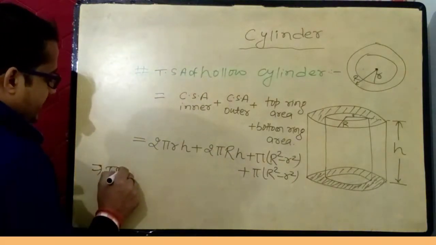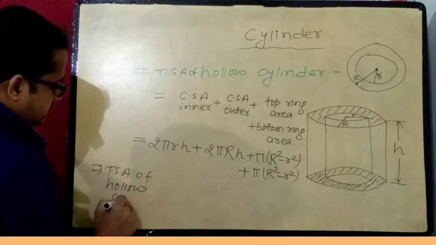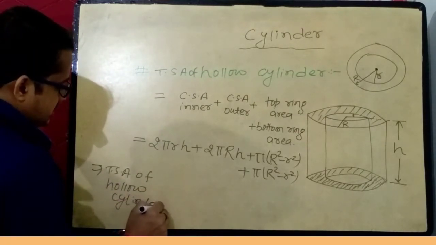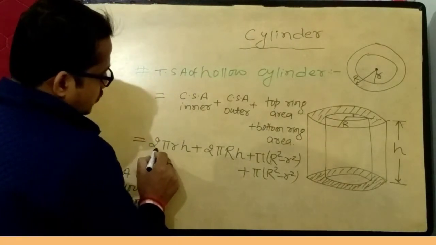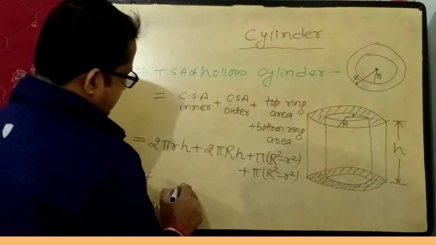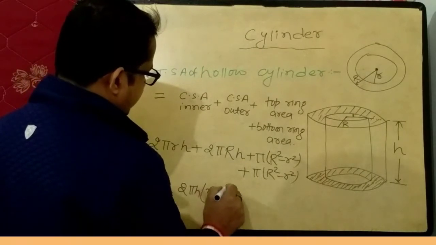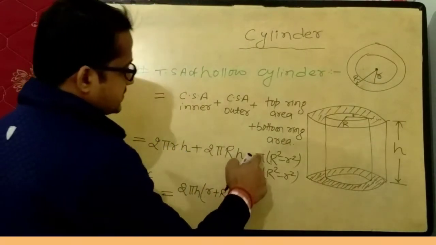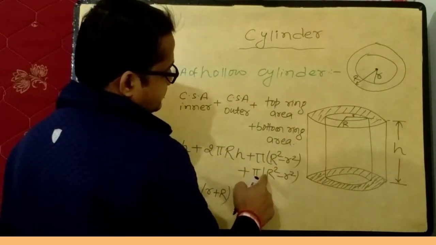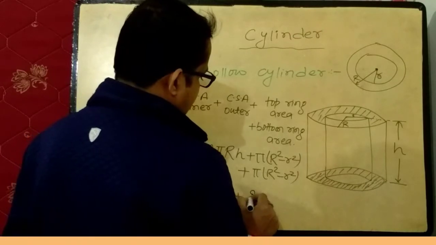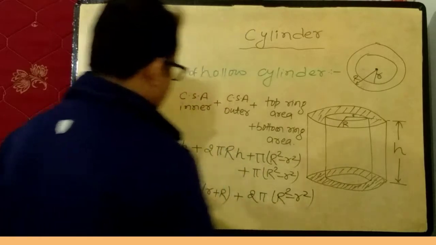That is, TSA of hollow cylinder equals, taking 2 pi and h as common, small r add up capital R, add up this pi capital R square minus small r square and this pi capital R square minus small r square, that equals 2 pi capital R square minus small r square.